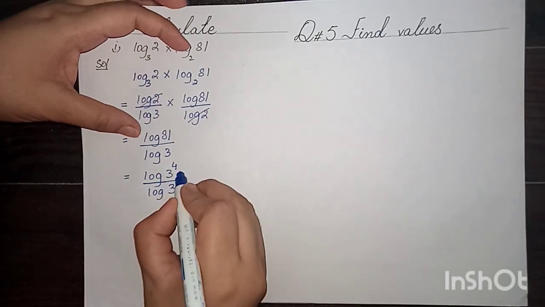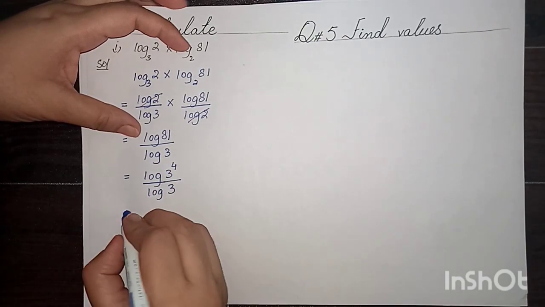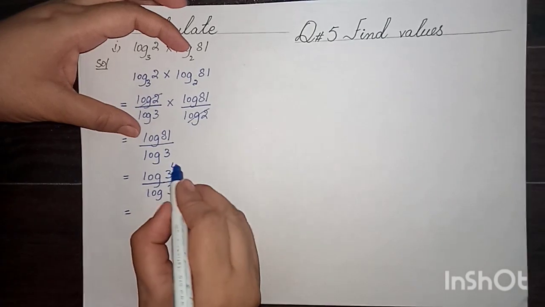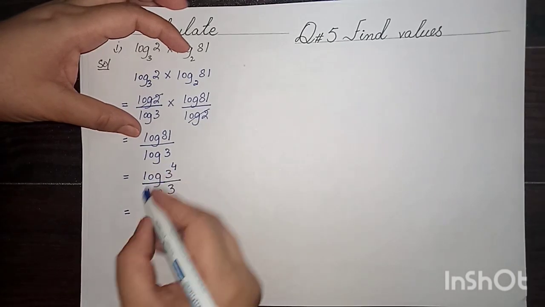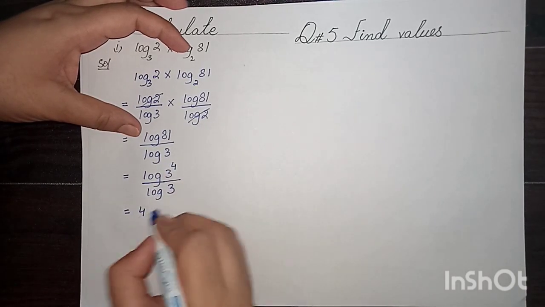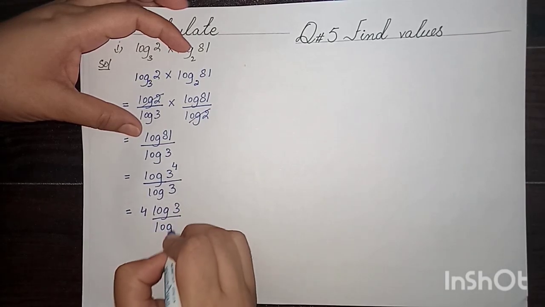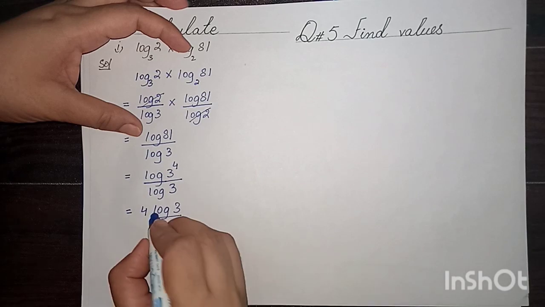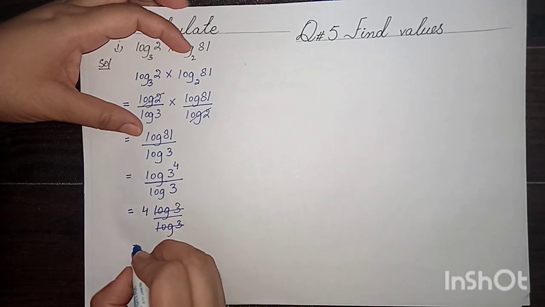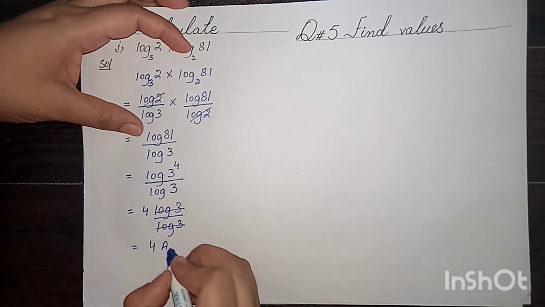On this we will apply the power formula. In the power formula we will write this 4 before the log: 4 log of 3 divided by log of 3. This log of 3 cancels out with this, then 4 is my answer.